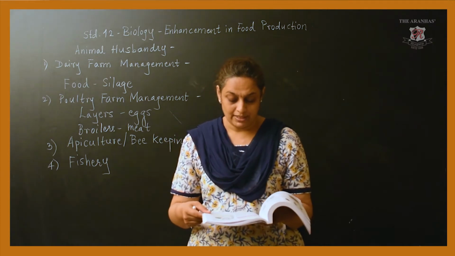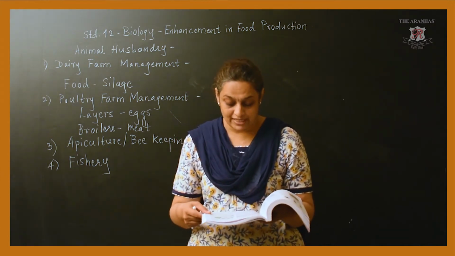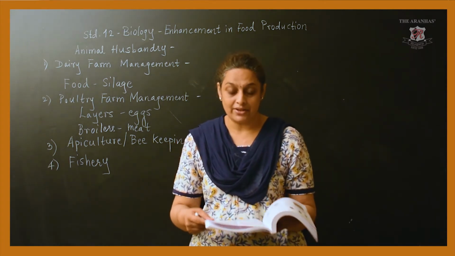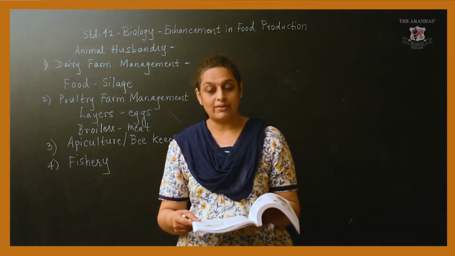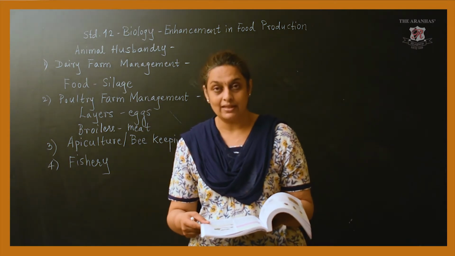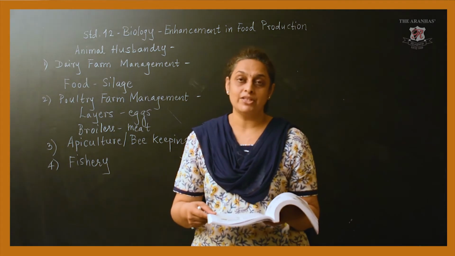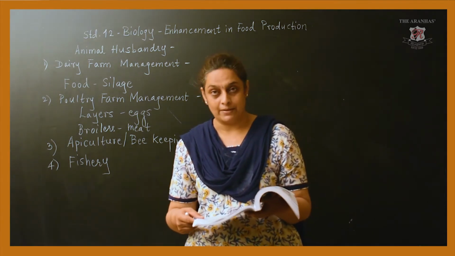For example, chilling, freezing, freeze drying, sun drying, smoke drying, salting, canning. These are ways by which fish preservation is done.